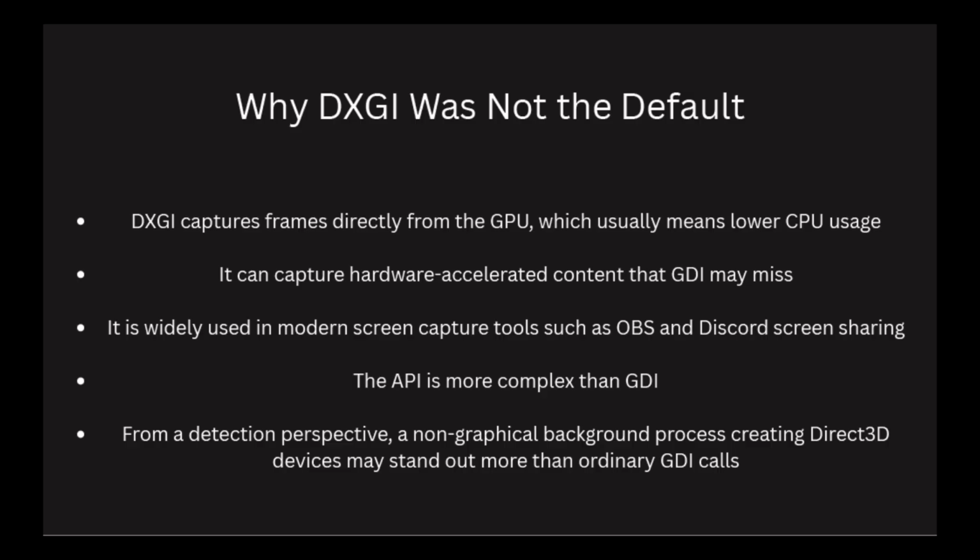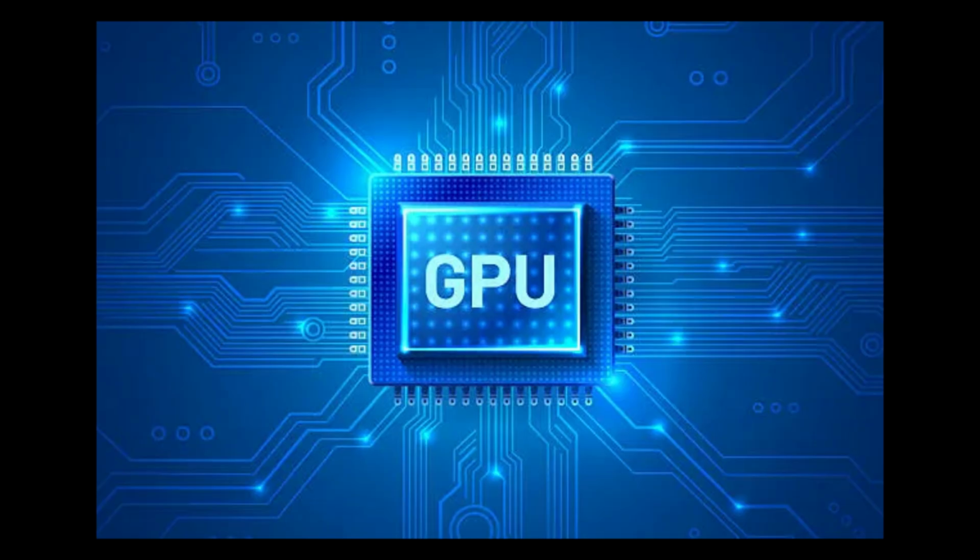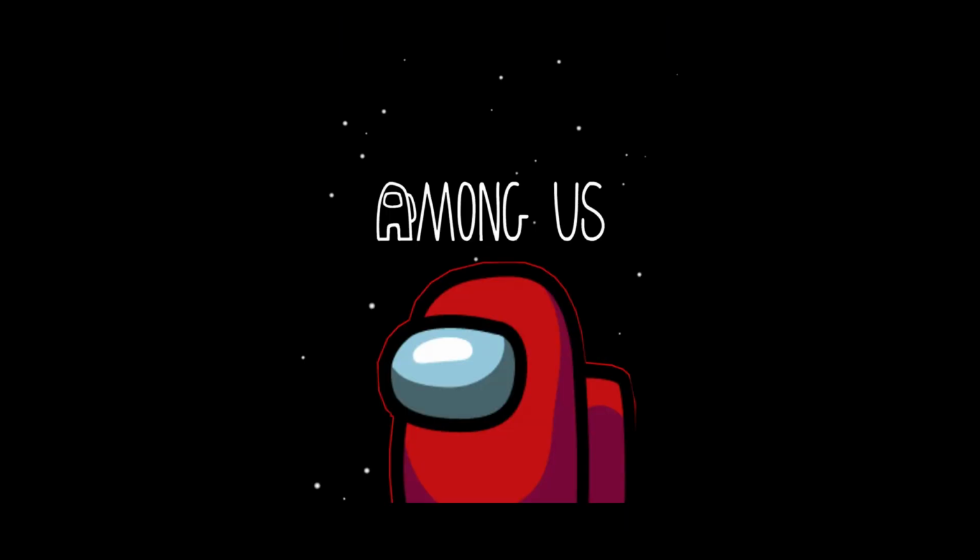Now, DXGI duplication requires the process to hold a reference to the GPU output adapter, which means if EDR is monitoring Direct3D device creation from non-graphical processes, that's an instant red flag. You don't want a background process or an injected DLL suddenly creating a Direct3D 11 device and then calling AcquireNextFrame.